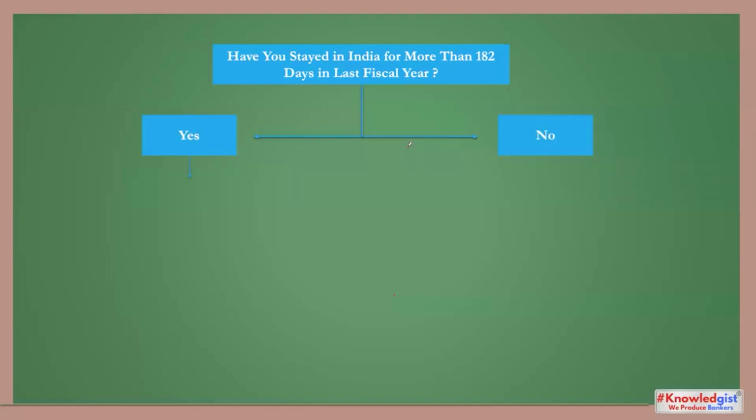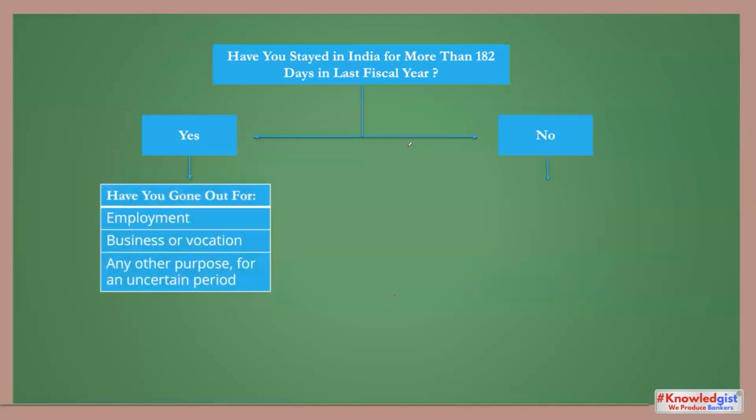If the answer is yes, अगर आंसर yes है, यानी कि आपने लास्ट फिस्कल ईयर में, लास्ट फाइनेंशियल ईयर में more than 182 days, you were in India. Then the next question should be, have you gone out for employment, business or vocation, or any other purpose where the stay is uncertain? जब आप फॉरेन जा रहे थे, तब आपका फॉरेन जाने का रीजन क्या था, वो भी पूछना होगा.